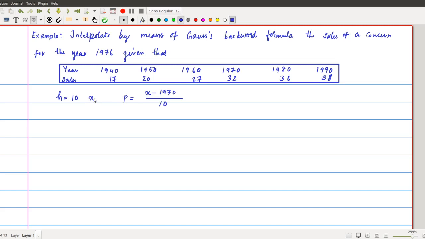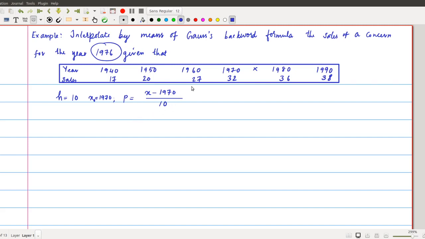This x naught is equal to 1970, because we need to interpolate the value at 1976, which comes somewhere here. So we set x naught as the x value just before 1976, that is 1970. So p is equal to x minus 1970 divided by 10.